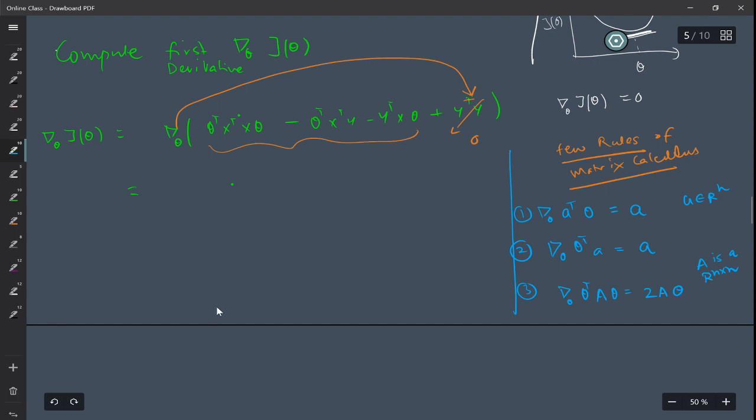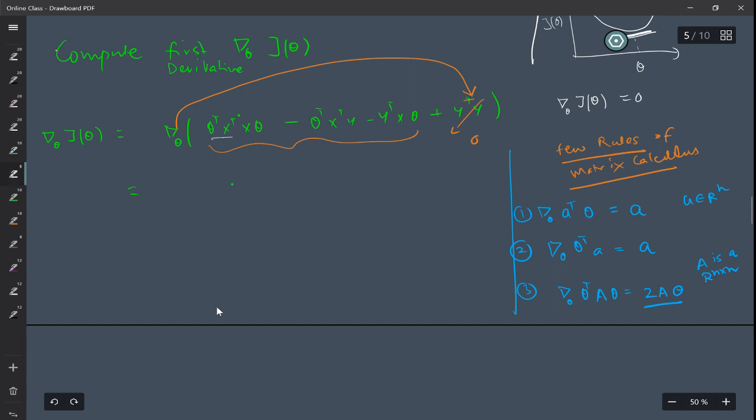If it is not symmetric, then it is given as A transpose plus A into theta. But if it is symmetric, then A transpose and A are the same, and you get 2A theta. So using these rules, I'm going to differentiate these matrices and vectors.